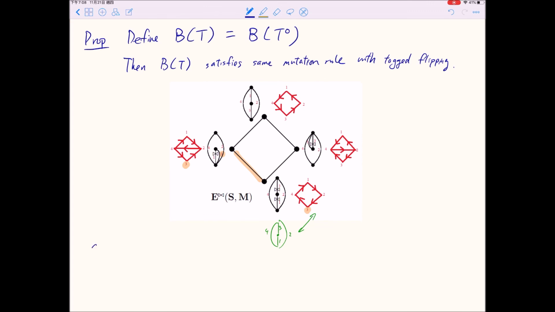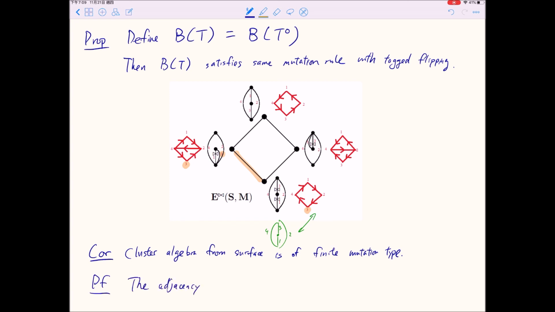So now the corollary is that cluster algebra from surface is of finite mutation type. And this simply is because all the adjacency matrices correspond to quivers, which, as we mentioned, are only built up from the three puzzle pieces.